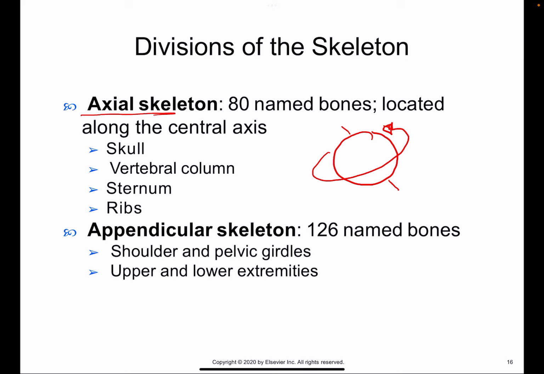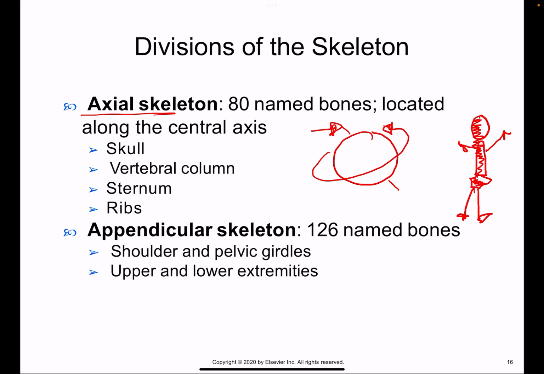We can rotate if we want. Apologies for my horrible drawing, but for instance, right here, the skull, the vertebral column, the sacrum, the ribs, that is the same as the axis the earth spins on, in the sense that these two things are very similar. Why?